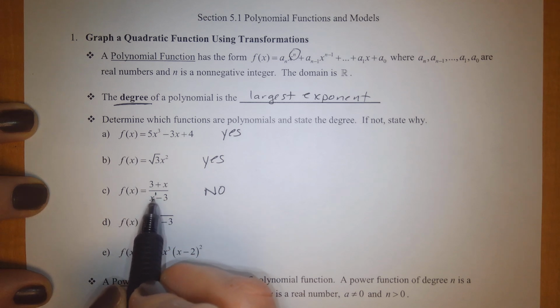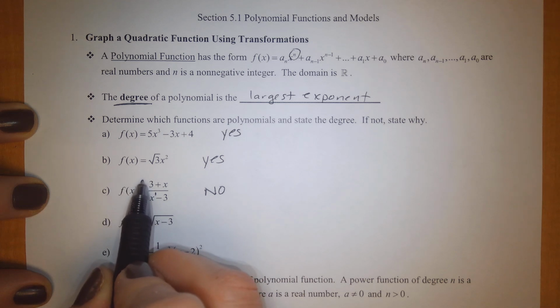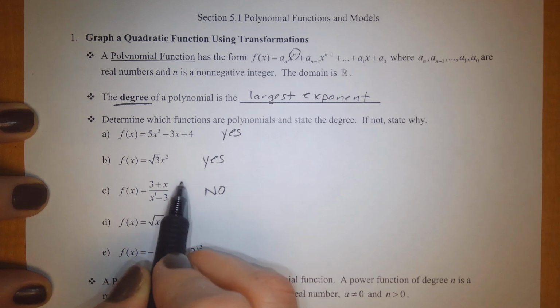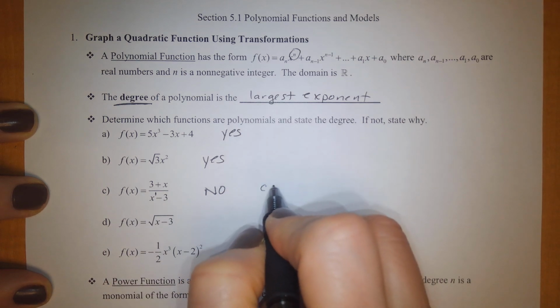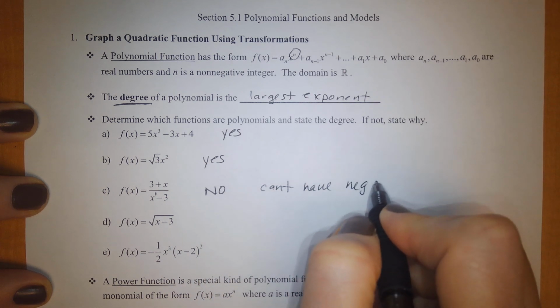This is a negative exponent, since it would be written as a -1 exponent in the numerator, but we slide it to the bottom to make it positive. So since this is actually an x to the -1, we cannot have negative exponents.